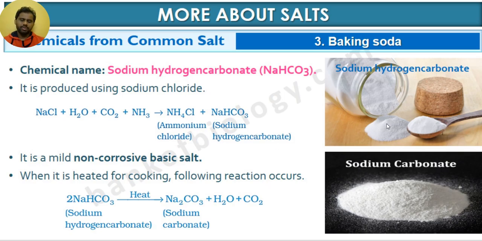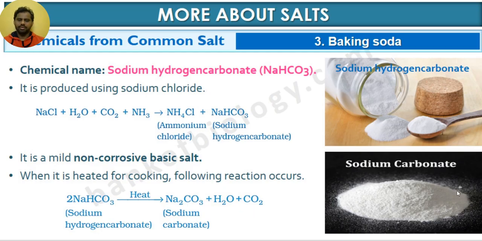This is how sodium hydrogen carbonate looks. It is a mild, non-corrosive, basic salt. When it is heated for cooking, the following reaction occurs: 2NaHCO3 is heated and we get Na2CO3, sodium carbonate, plus H2O plus CO2.